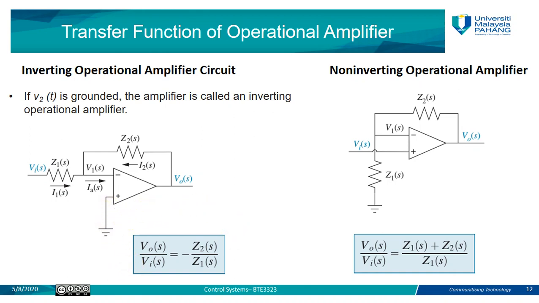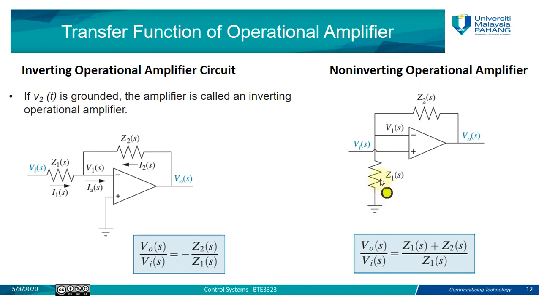The second type of operational amplifier circuit is the non-inverting. In non-inverting, the positive terminal of your amplifier is not connected to the ground. The input goes through the positive terminal, and the negative terminal, V1 here, is connected to the output and also, through the input impedance, to the ground.